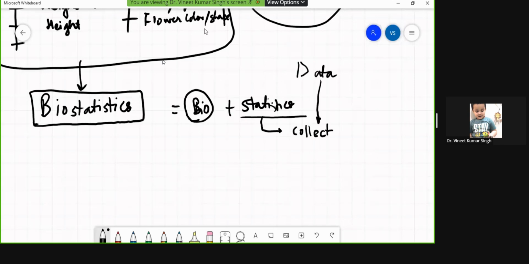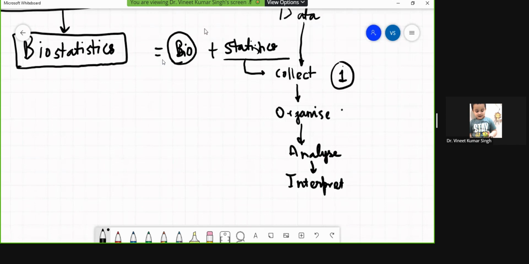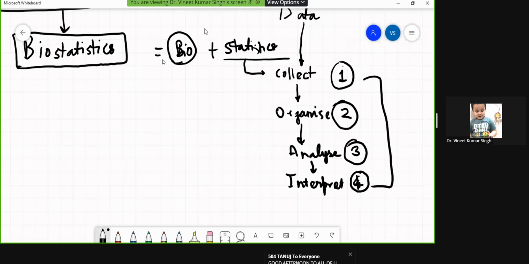We have to collect data, then we have to organize data, then we have to analyze the data and interpret the data. So statistics is the science of collection, organization, analysis, and interpretation of the data sets. First is collection, then organize the data set, then third is analysis of the data, and fourth is interpret. How to interpret the data. We will study all four of these today.